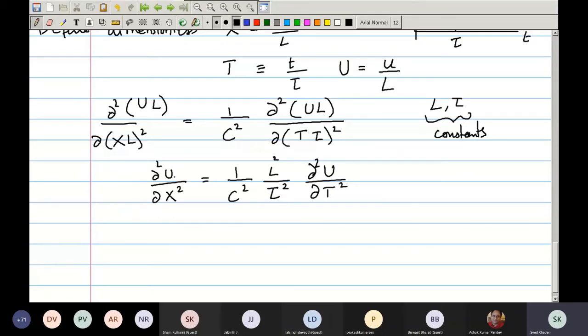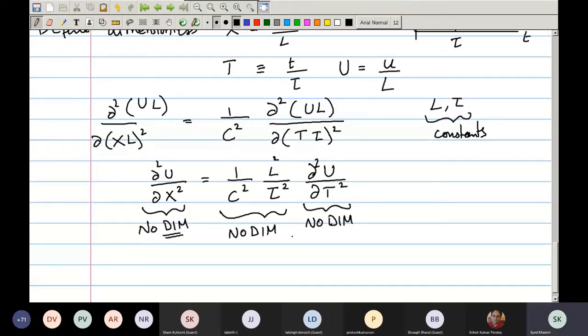Our U is dimensionless and X is dimensionless, so this has to be dimensionless. Similarly, capital U and capital T are dimensionless, so this term is also dimensionless. If you have no dimensions on the left hand side, then this term also should not have any dimensions.